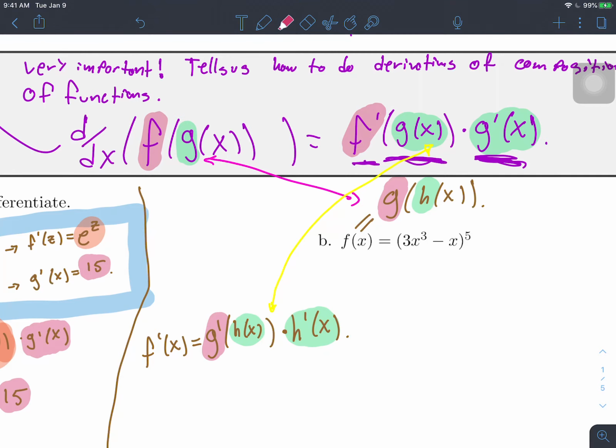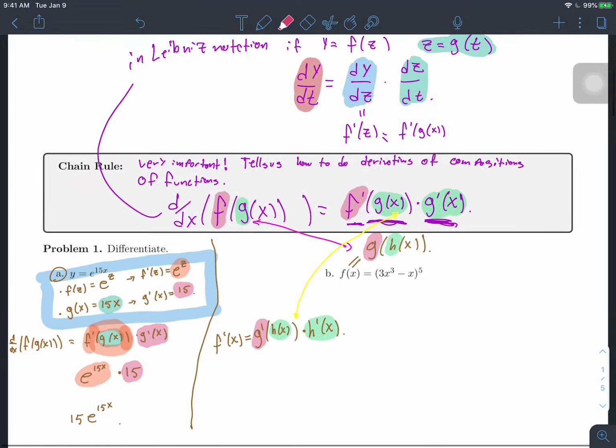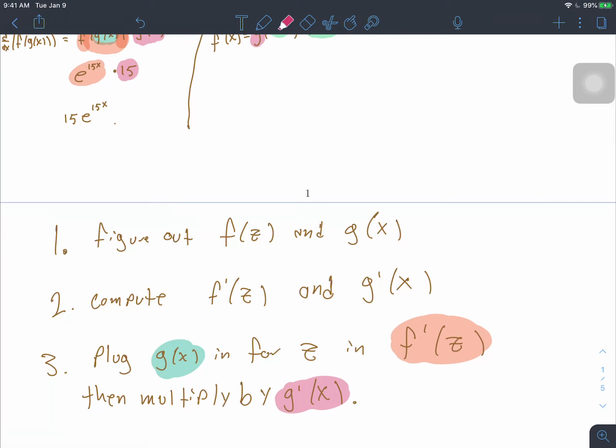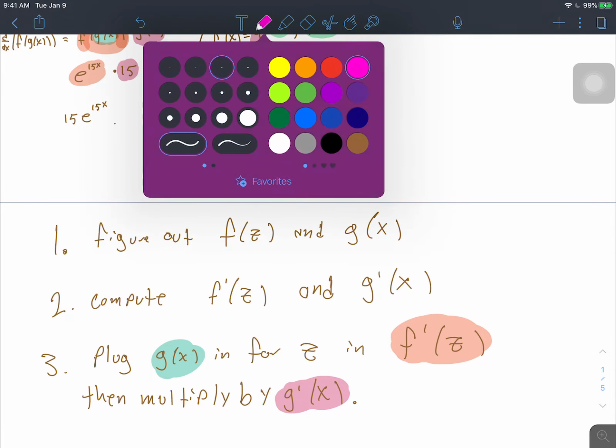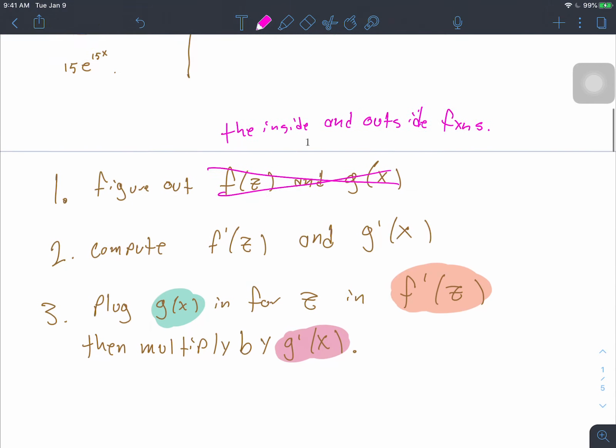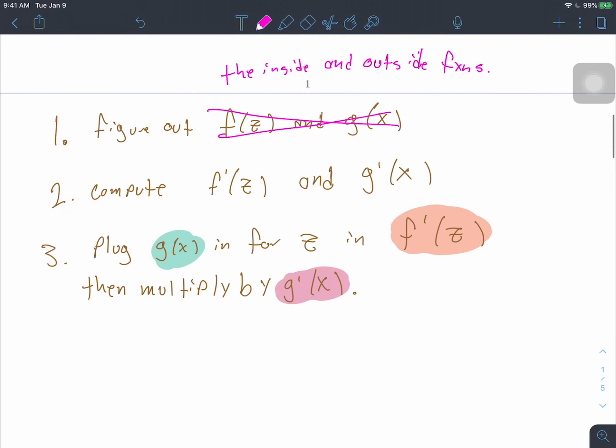Okay, so in terms of our rules now, my original rule was figure out what f of z and g of x are. Let's modify that rule a little bit to fit with our new setup. What we should really say is figure out the inside and outside functions using whatever letters you feel make you happy.